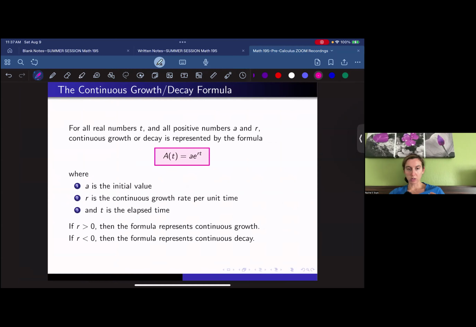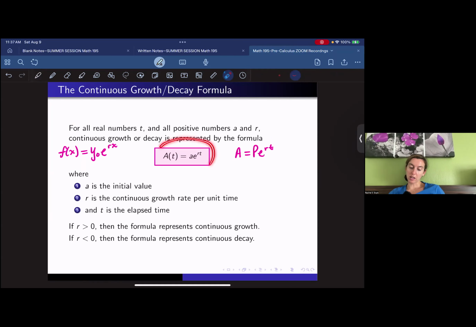Certain textbooks use different values. Sometimes you see it as f of x is equal to y sub 0 e to the rx. I see it a lot as A equals Pert.